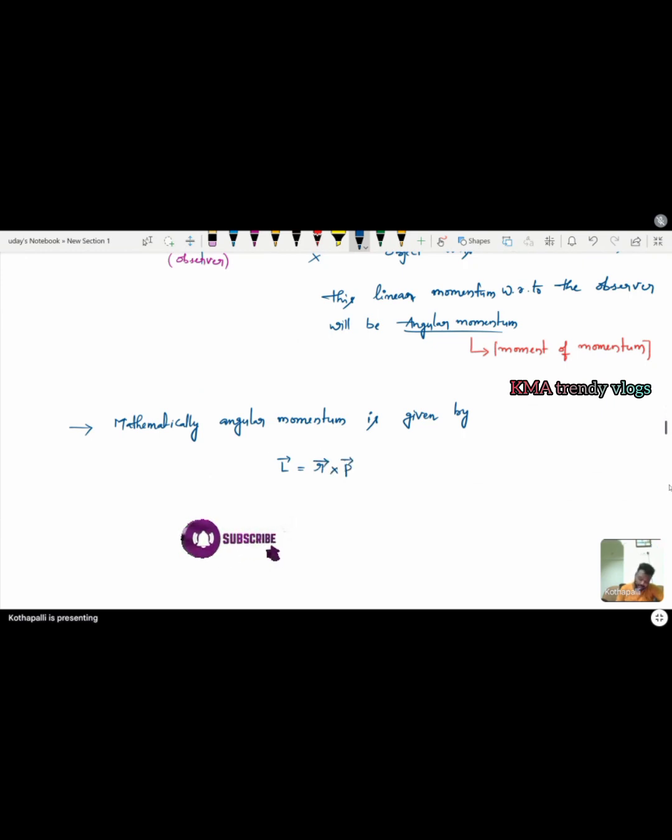Very important expression. What is it? It is the cross product of the position vector and the linear momentum vector. You take the cross product, it will be R vector cross P vector.